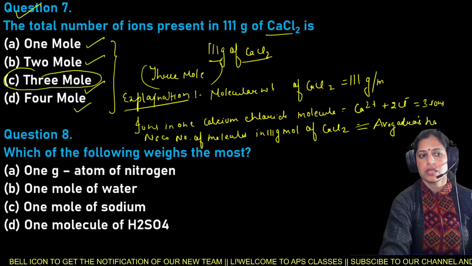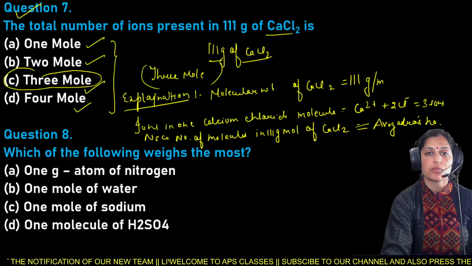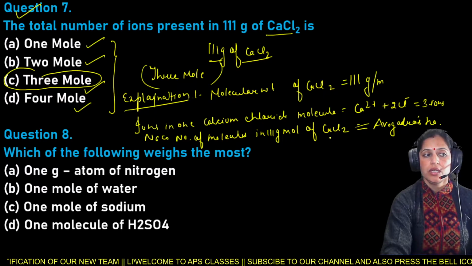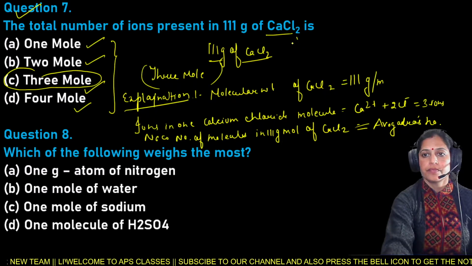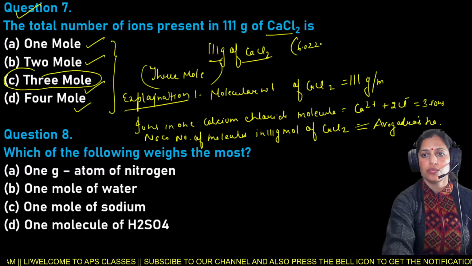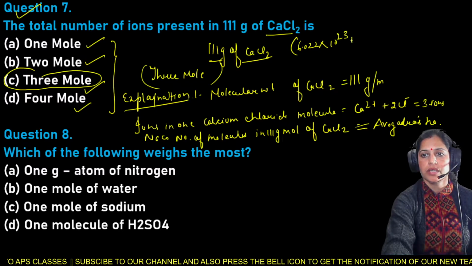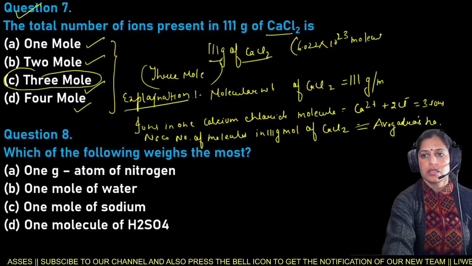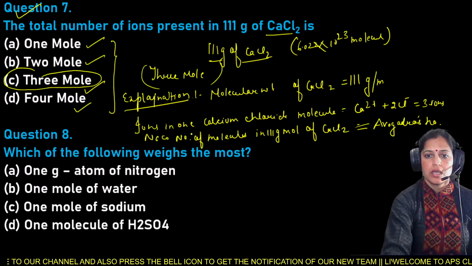And as we all know, Avogadro's number is 6.022 into 10 raised to power 23 molecules.